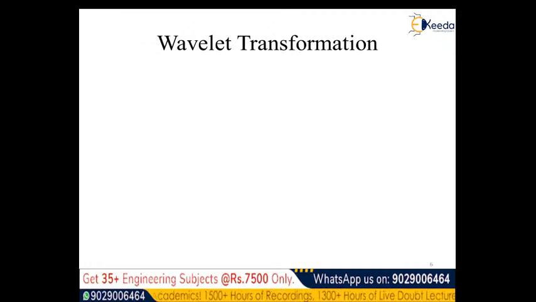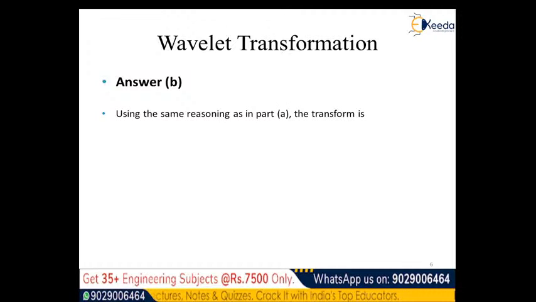So this is the question here. For this question also we can use the same reasoning that we utilized to find the solution to part A, so we can simply write down the answer. The answer will be the 8 elements represented here. The first element will be 0. The second element will be 2 root 2, and the rest of the 6 elements hold the value 0.